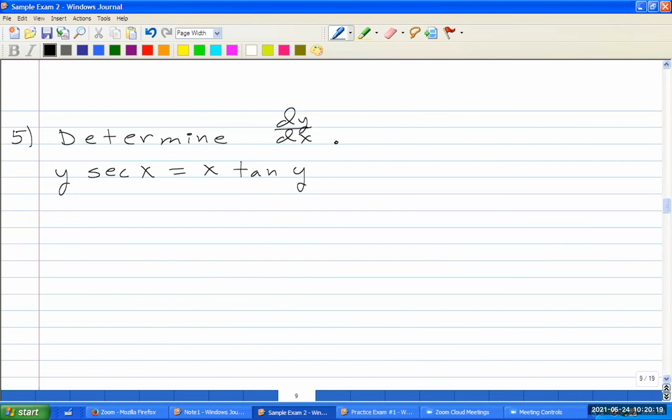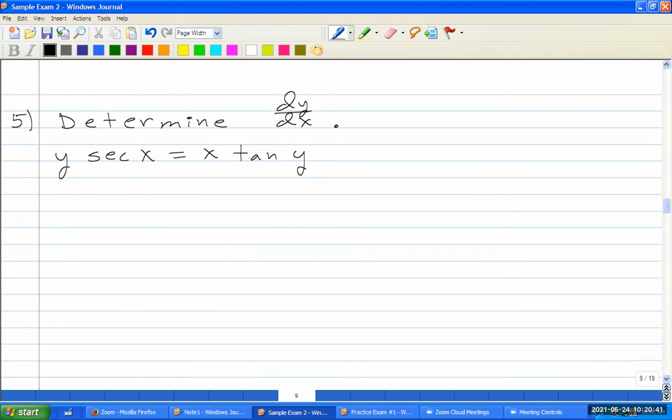Determine the derivative. Y equaling secant x. No, I'm sorry. Determine the derivative, dy dx. Y secant x equals x times tangent y. Okay, so let's do this.